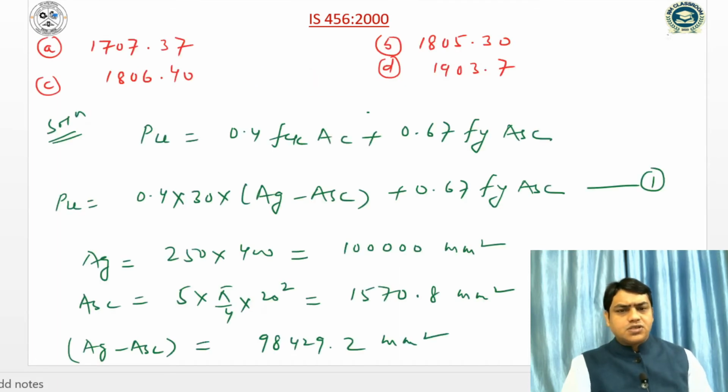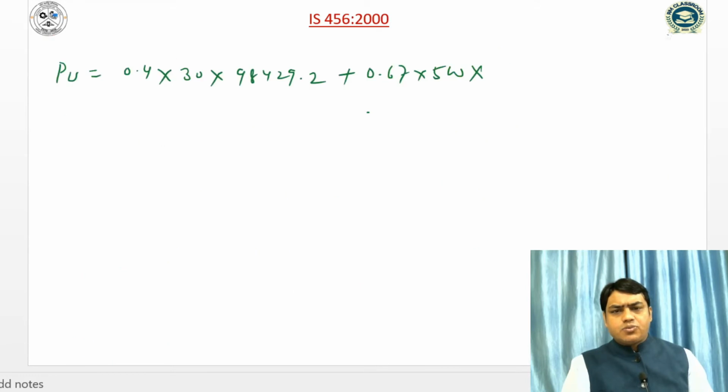The value of Asc is 1570.8. So the load carrying capacity can be computed as 0.4 into 30 into 98429.2 plus 0.67 into 500 into 1570.8.